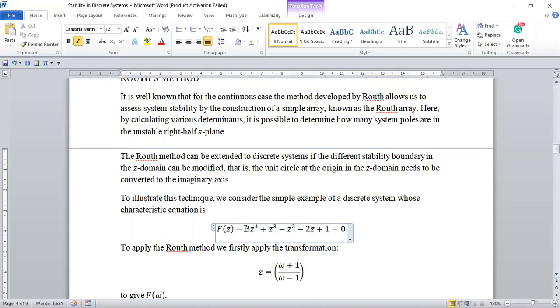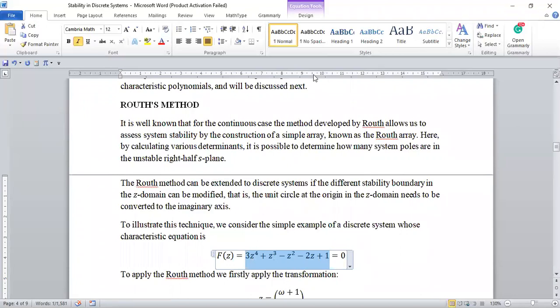Since this is a fourth order polynomial, we are sure that it has 4 poles, but it's not so easy to break it down into those 4 poles. So that's why we need another method. Just by looking at the characteristic equation, we want to be able to know if the system is stable or not when we're in the Z-plane.